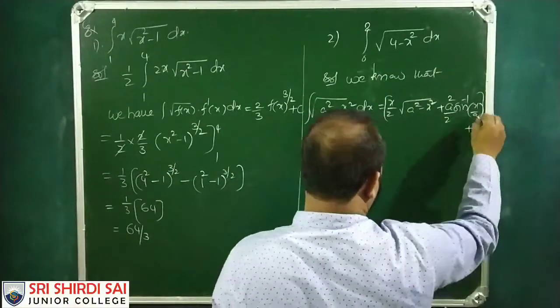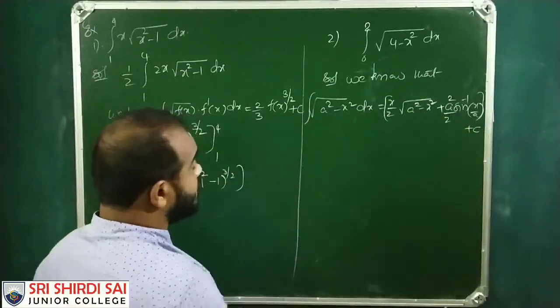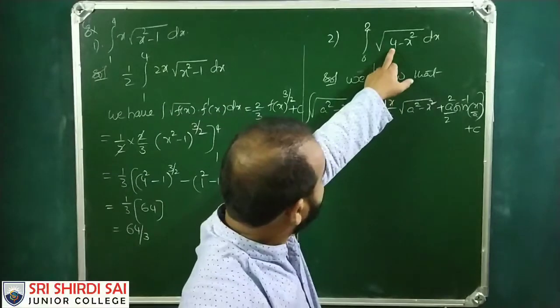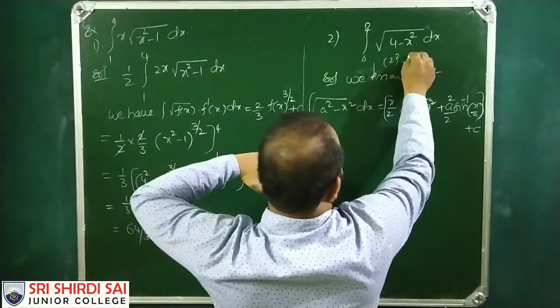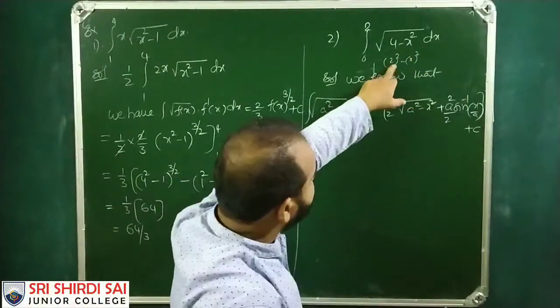This we know. So applying the same here also. What is a here? 4 means this is 2 square minus x square. So a is equals to 2 here.